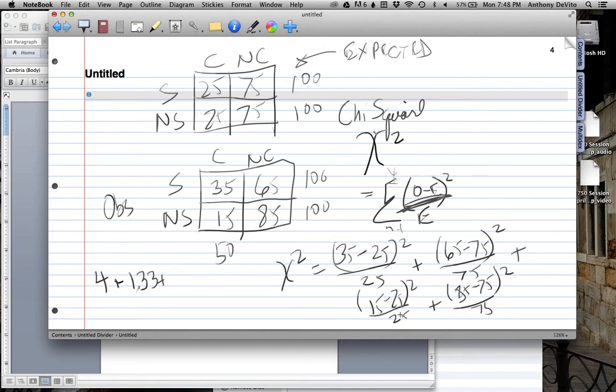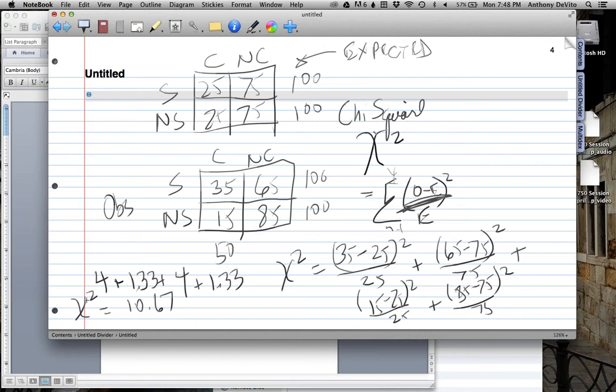Squared is 100 divided by 25 is 4. 4 again, plus 4. And finally, 85 minus 75 is 10. Squared is 100 divided by 75 is, again, 1.33. So what is our chi-square value? It's 10.67. That's our chi-square value, right?